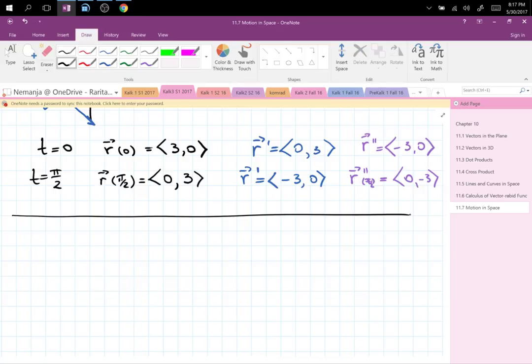So we've seen that for the circle, the position vector, velocity vector, and acceleration vector are all perpendicular to each other, which means that their dot products are 0.